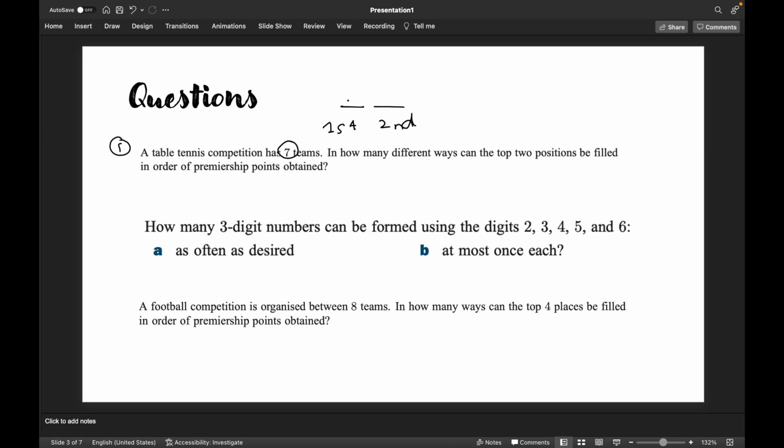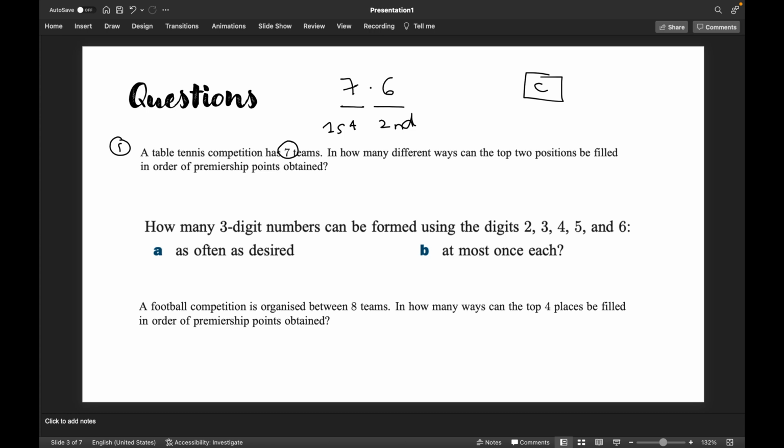The first place can be filled by 7 teams. So any one of these 7 teams can win, right? So that's why we put 7 in the first place. Okay, imagine team, I don't know, C has won. Team C cannot win the first and second place, right? So therefore, we're going to have six possibilities for the second place.